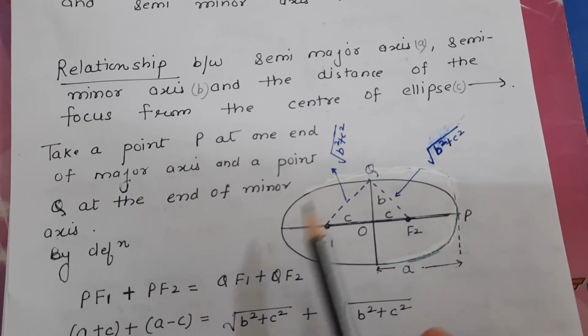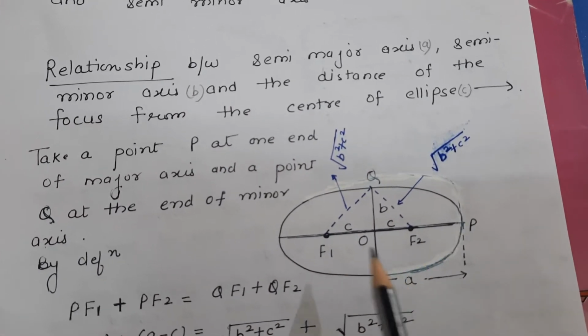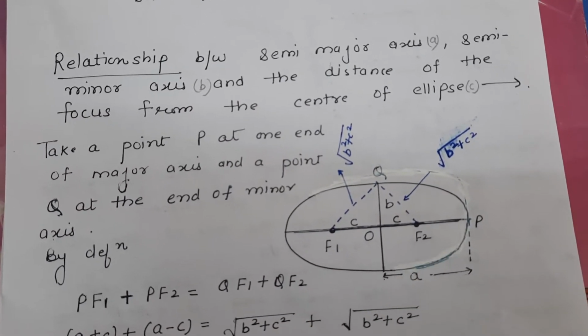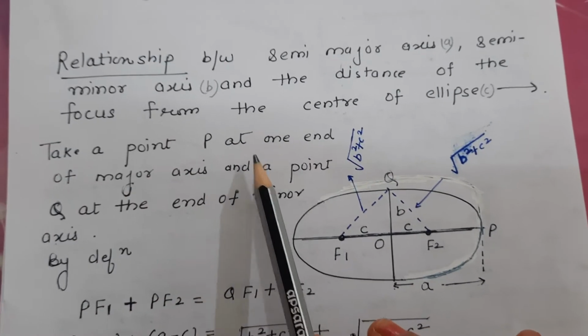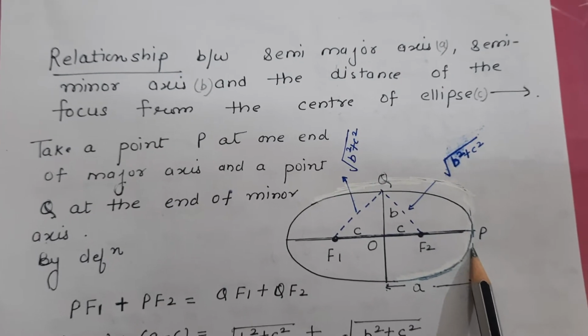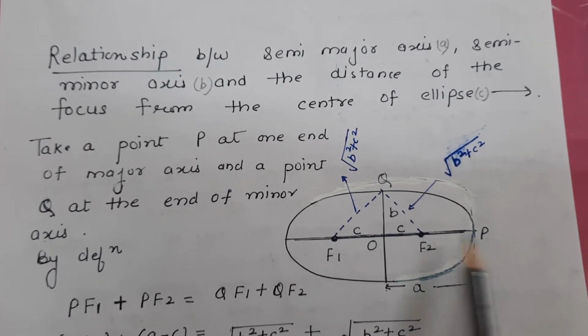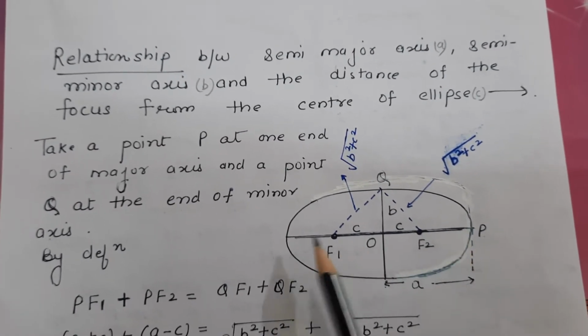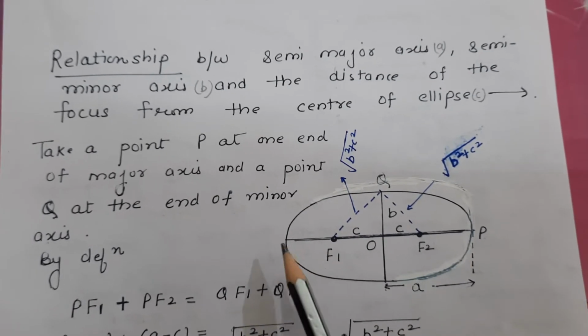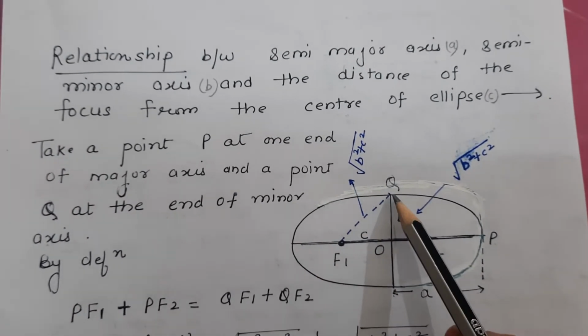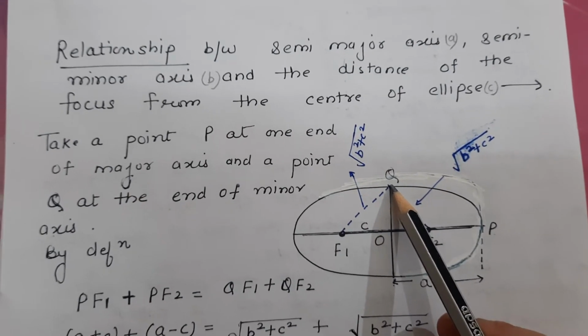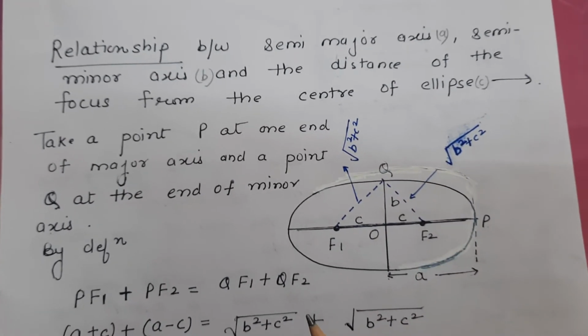So I have taken one more diagram for the ellipse. F1 and F2 are your fixed points, right? Then take a point P at one end of the major axis. The major axis is that axis on which your foci lie, or the line segment through the foci is the major axis. And take a point Q at the end of the minor axis.